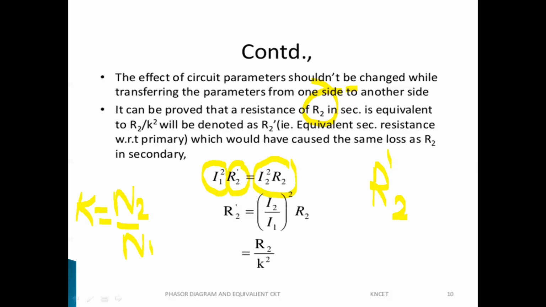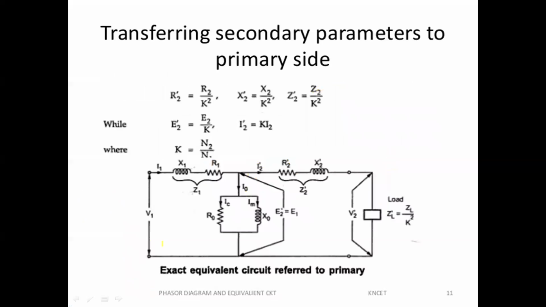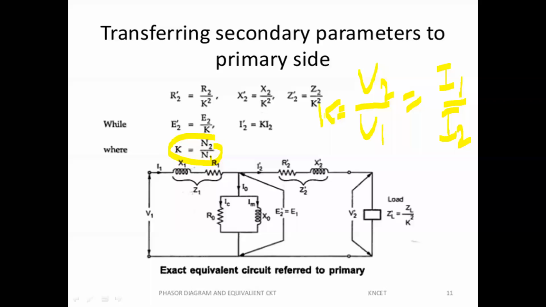K equals N2 by N1 or K equals V2 by V1 or K equals I1 by I2. Currents are inverse ratios to voltages. So K equals V2 by V1, I1 by I2.